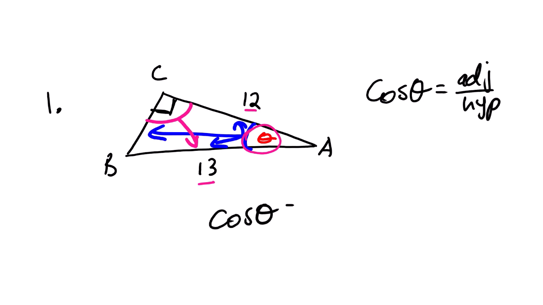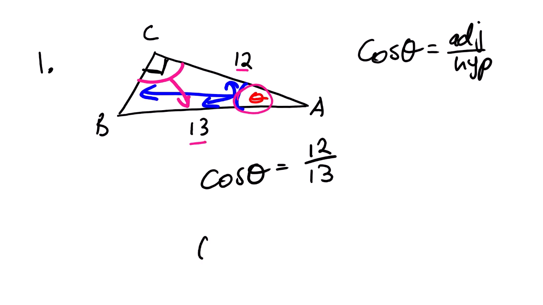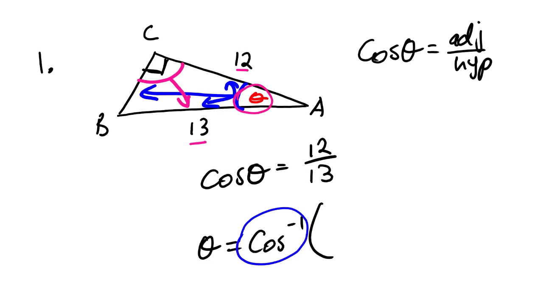Now cos theta equals the adjacent side, in this case 12, over the hypotenuse, 13. Now we need to solve for theta, so the angle equals cos inverse. If you don't know how to punch this into the calculator, simply click shift cos and then something like this will appear, and then you put this number here.